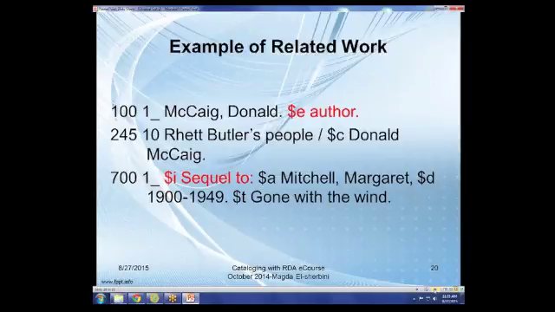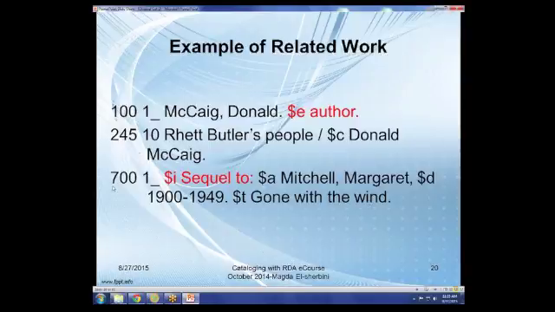Here's an example showing a relationship between a work and another work. Donald McKay wrote a book called Rhett Butler's People, which is a sequel to Gone with the Wind.